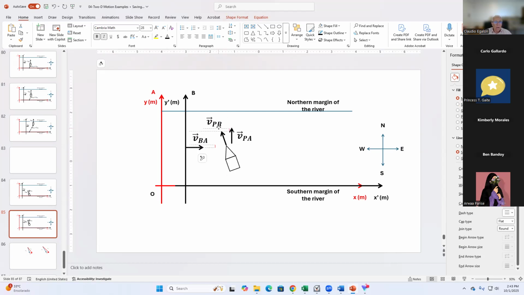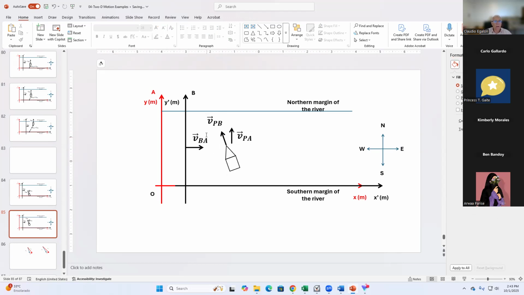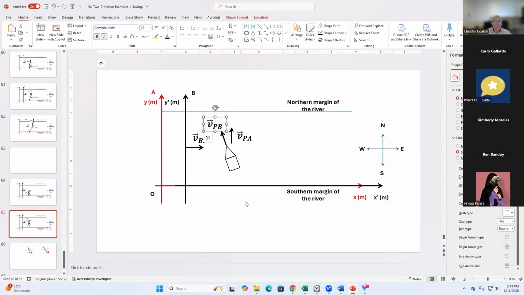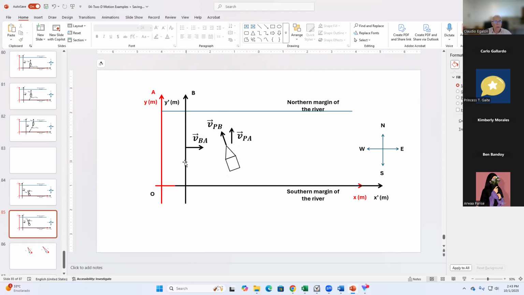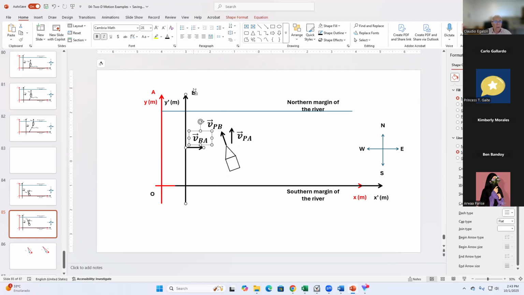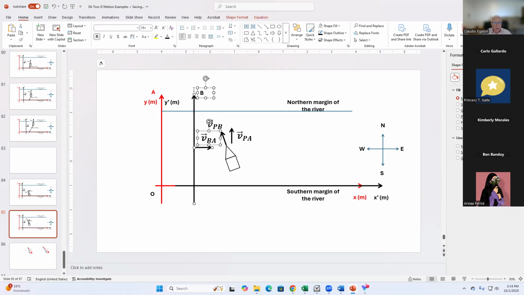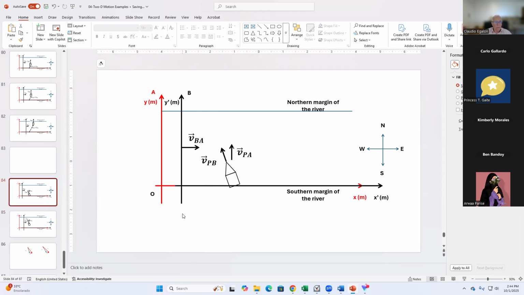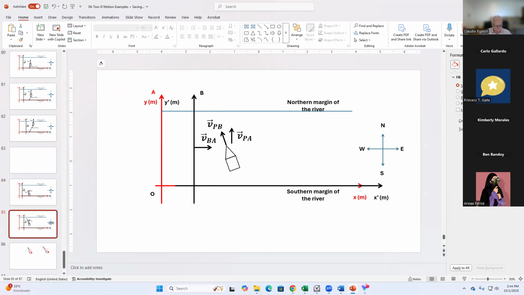But I do not want it encroaching on the other one. I'm going to use that as a reference.